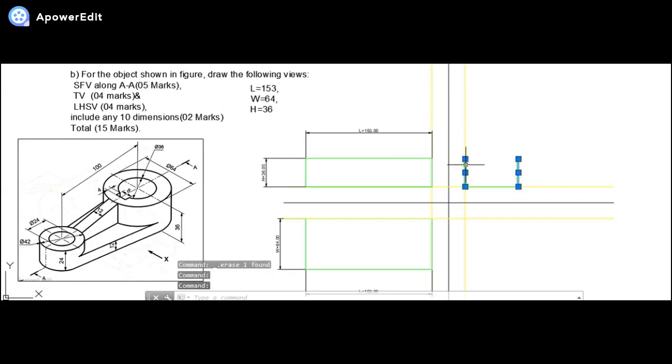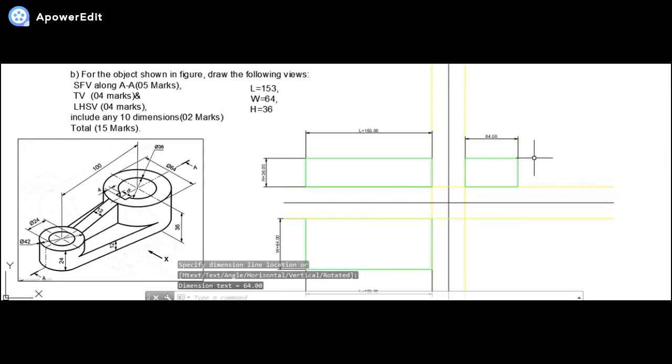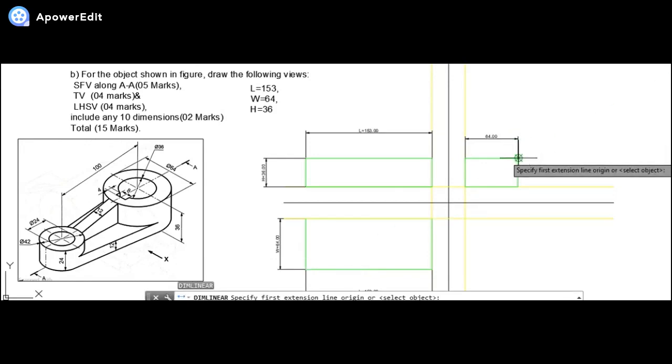So now the height is constructed as 36 over here, and accordingly I can complete now the construction box, and then we can show the dimensions over here like this. This will be the width, and this is nothing but the height over here. Okay, so we have drawn it again.